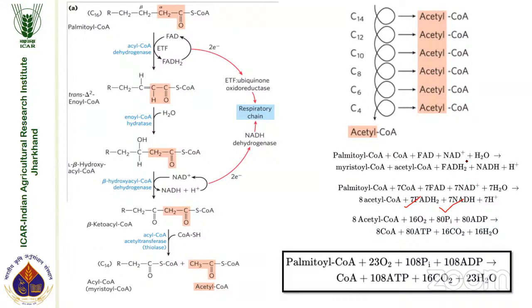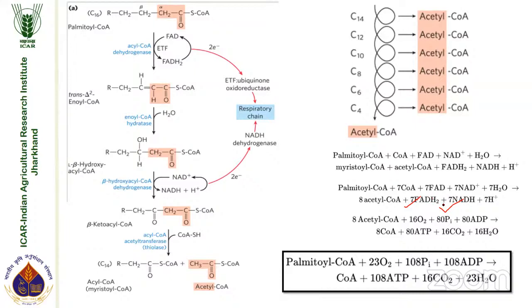FADH2 has 1.5 or 2 ATP equivalent, and NADH has 2.5 or 3 ATP equivalent. So for a 16 carbon fatty acid, through beta oxidation only you can generate 7 FADH2, meaning 7 times 2, 14 ATP, and 7 NADH, meaning 3 ATP if you assume, so 21. 21 and 14, this is 35.